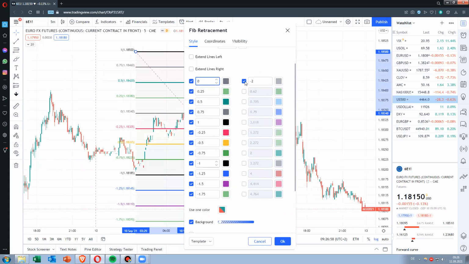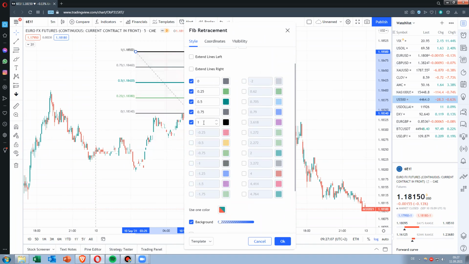I put all this stuff off and just have it like this. So I have the 1, and I will have the 62. It's nothing really special, right? It's just for measuring. So you can see it's not really about the Fibonacci, but more about the measured moves.